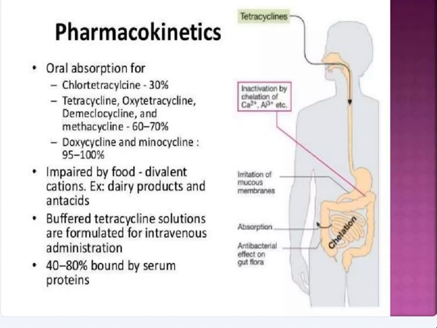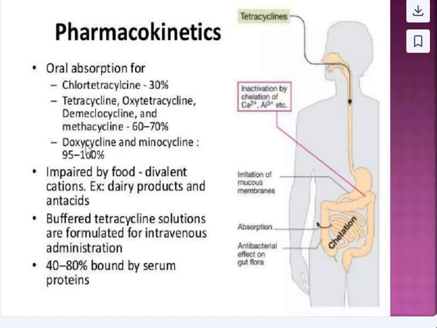Pharmacokinetics. Chlortetracycline is orally absorbed 30%, and the other categories, that is tetracycline and oxytetracycline, are 60 to 70%. Doxycycline and minocycline are fully absorbed, 95 to 100%. So usually the doctor prescribes doxycycline or minocycline.